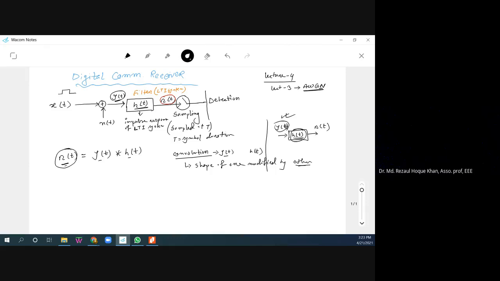The convolution is nothing but the product of two functions, after one is reversed and shifted.